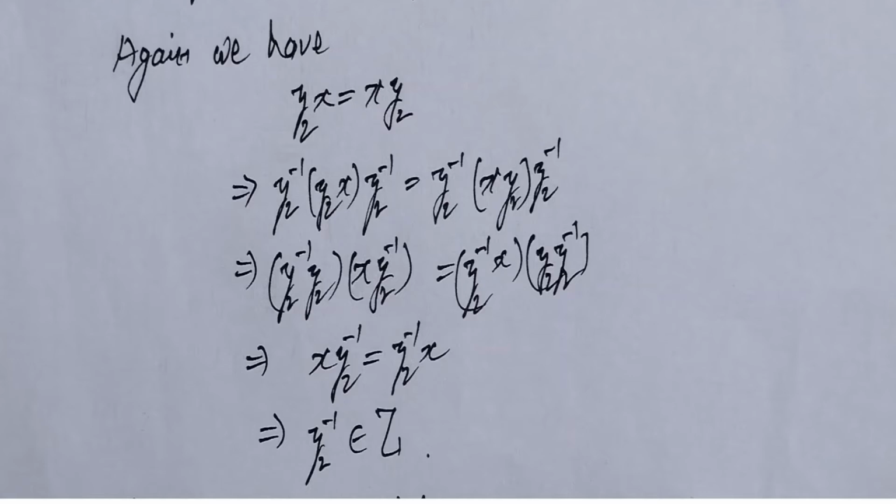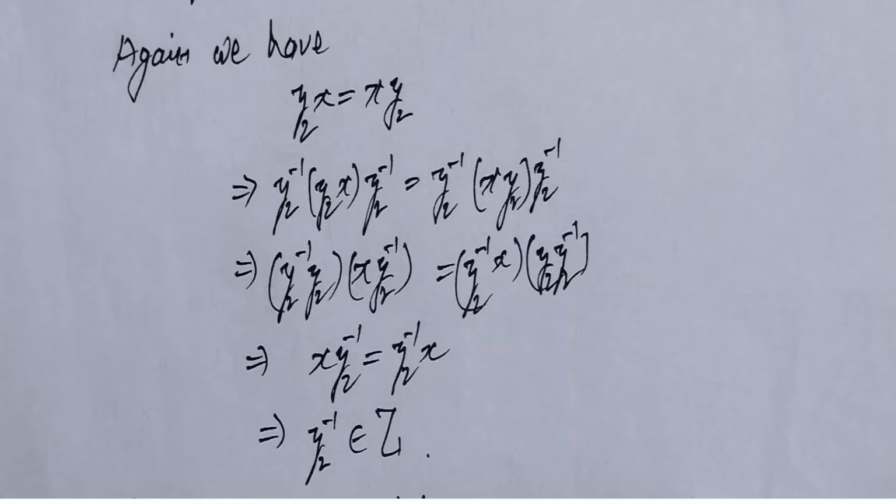Again we have z2x equals xz2, which implies z2 inverse z2x equals z2 inverse xz2, and multiplying by z2 inverse, z2x z2 inverse equals z2 inverse xz2 z2 inverse.